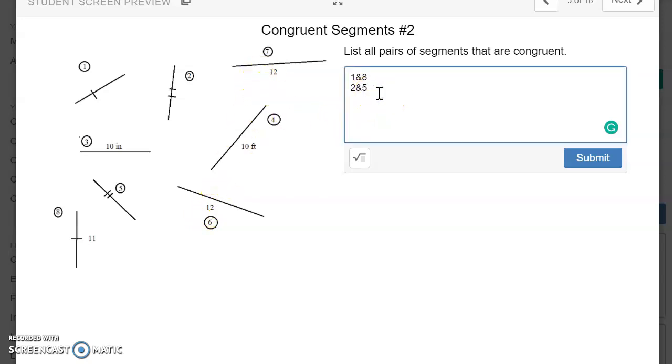So 7 and 6 are also congruent pairs. What about 3 and 4? There are 10 and 10, but this is 10 inches and 10 feet. Even though they look somewhat similar, it's a different length. So 3 and 4 are not congruent pairs.